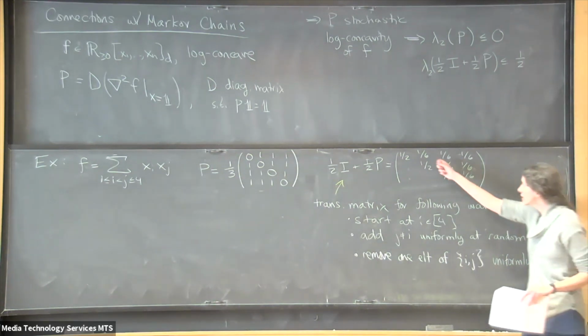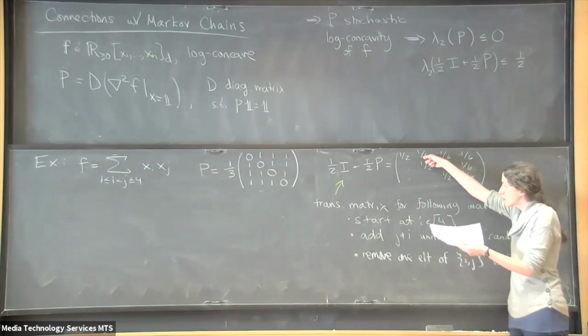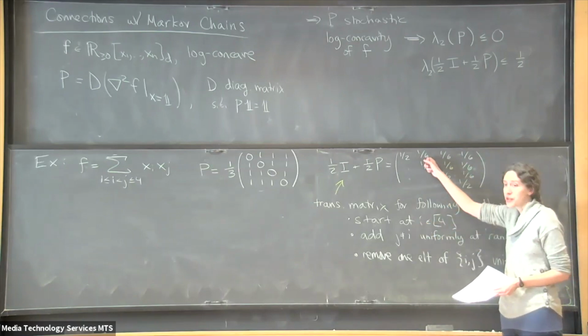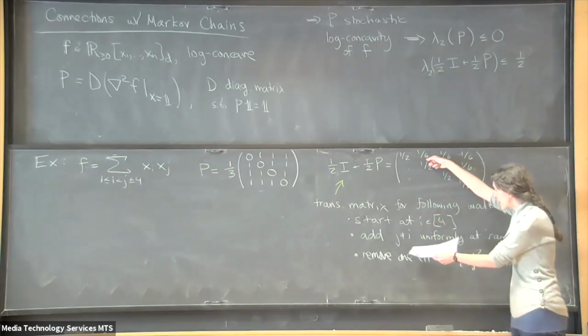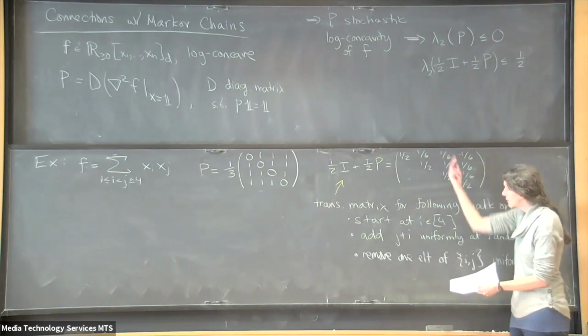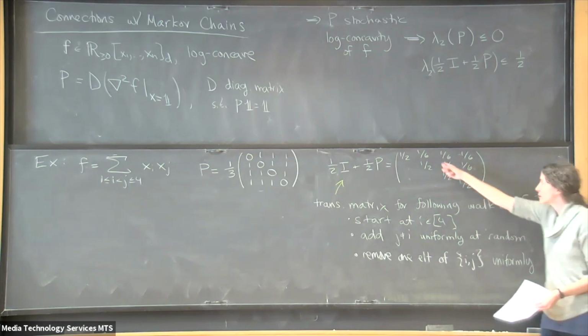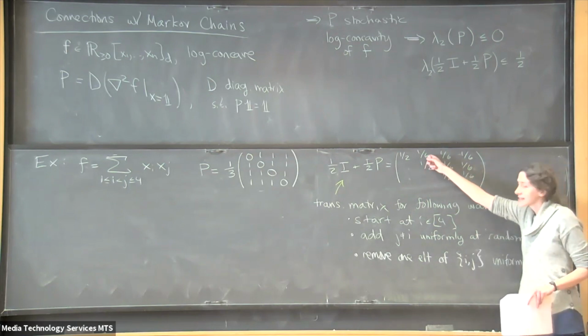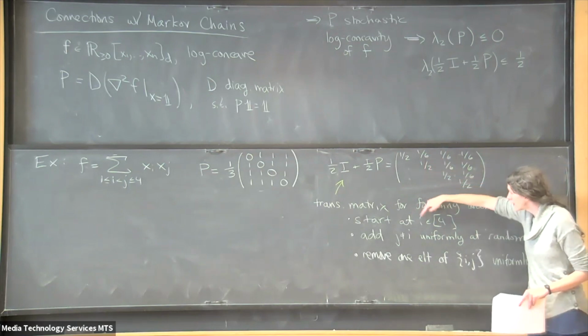Then the probability of going from, say, starting with 1 and ending up at 2 is what? Well, I had to have added 2, which happens with probability 1/3, and then from that subset {1, 2}, I had to remove 1. And so I get a 1/6 probability of starting at 1 and ending up at 2.